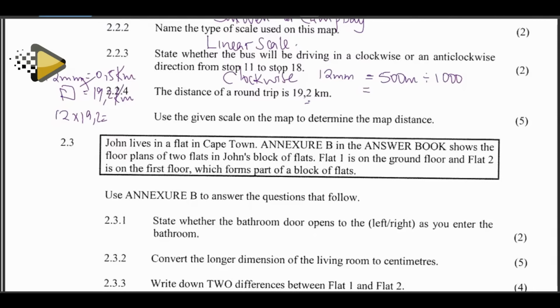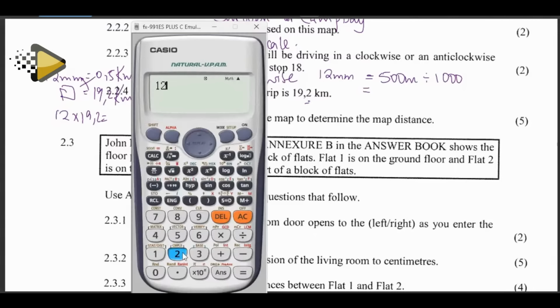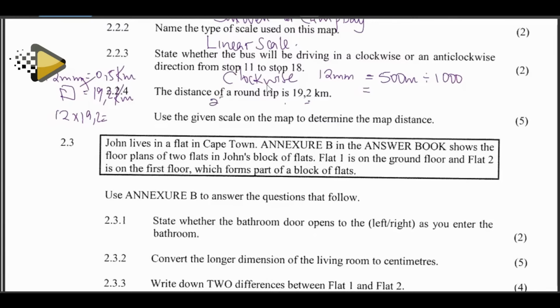12 times 19,2. Answer became 230. Remember these are kilometers.